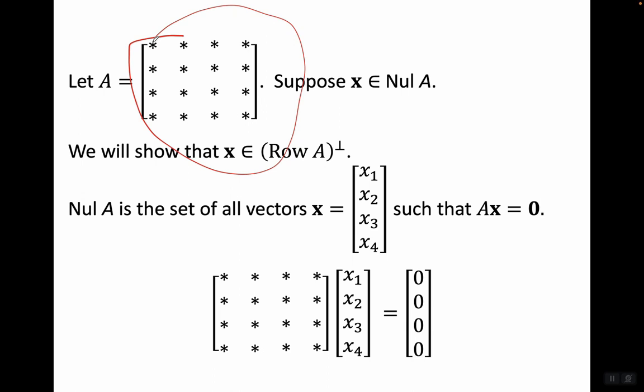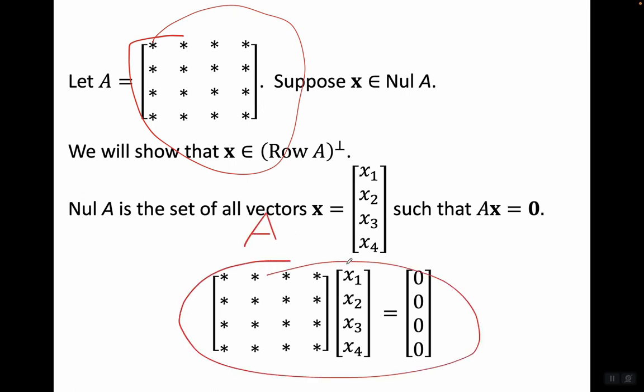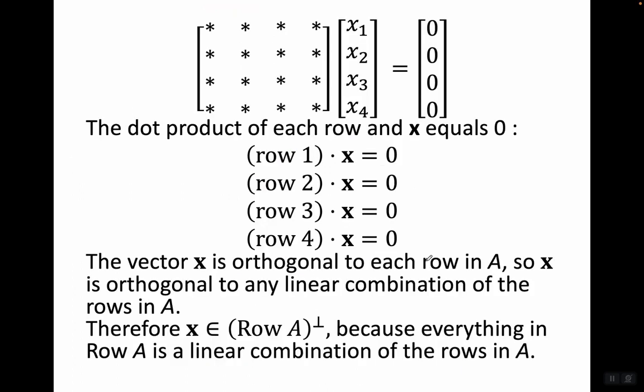We're going to show that x is also in the row space of A perp. The null space of A, recall, is the set of all vectors x, x1, x2, x3, x4, such that Ax equals 0. In other words, we've got something that looks like this. So this is our A, this is our x, and that's 0.